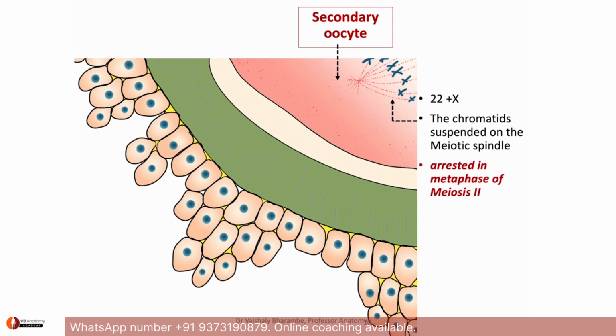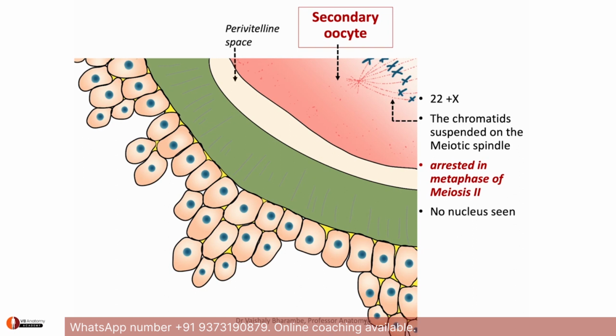Because the cell division was arrested in metaphase of meiosis 2. If you recall, if you've studied oogenesis, during meiosis 2 the secondary oocyte division was arrested in the metaphase of meiosis 2. So there is no nucleus. You can see a spindle, and the chromosomes suspended on the spindle.